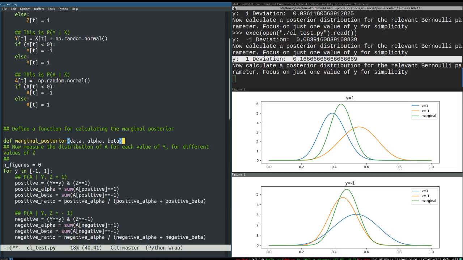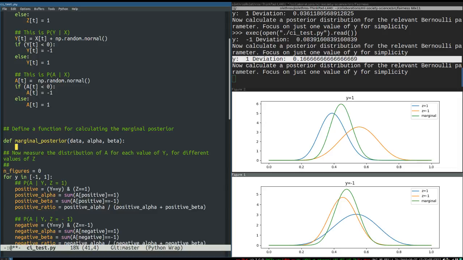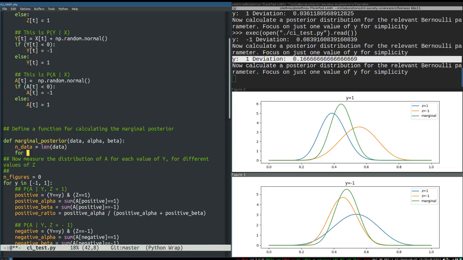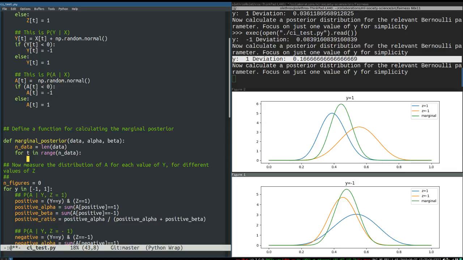Now, how would this work? That's your prior alpha and prior beta. So let's say that n data has to be the length of data. I'll just make it with loops, range n data. We said that the likelihood of each individual x has to be basically alpha divided by alpha plus beta if x is positive, and the other one otherwise.